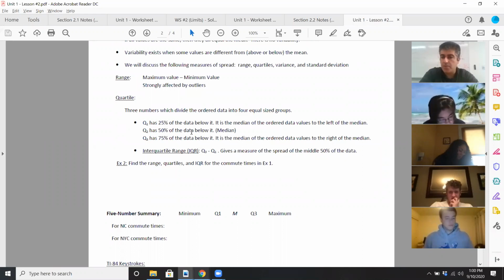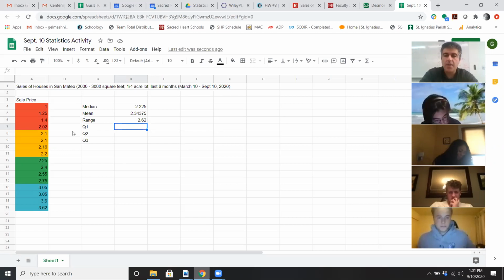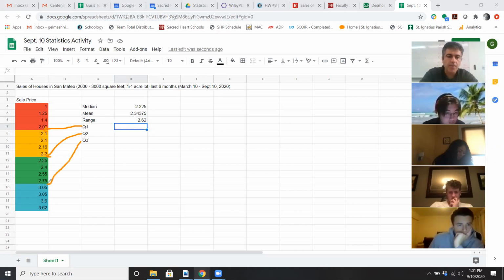Q2, 50% of data points are below it. Q3, 75% of data points are below it. So I did make 4 groups, but what I'm really looking at for Q1 is between those 2 numbers. Q2, between those 2 numbers. And Q3, between those two numbers.